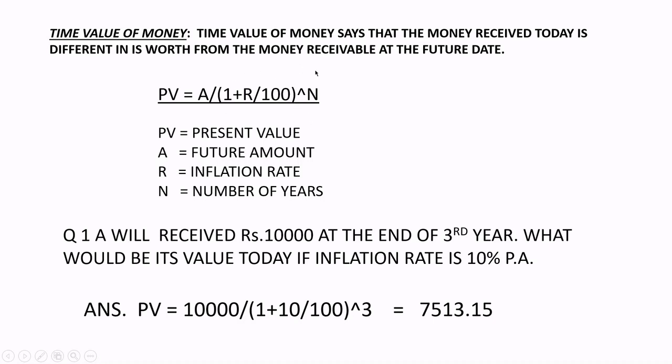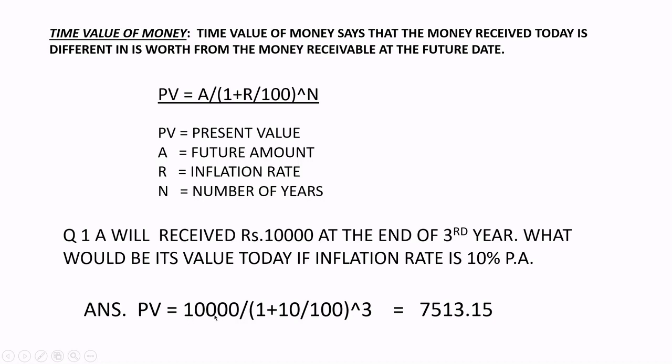Let's learn this formula with an example. Suppose I will receive 10,000 rupees at the end of the third year. What would be its value today if the inflation rate is 10% per annum? We have the future amount, 10,000 rupees, and we want to find the present value.